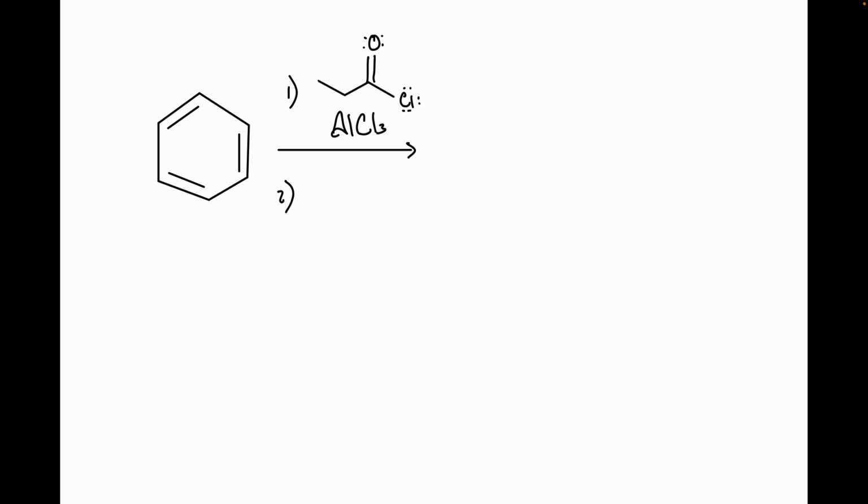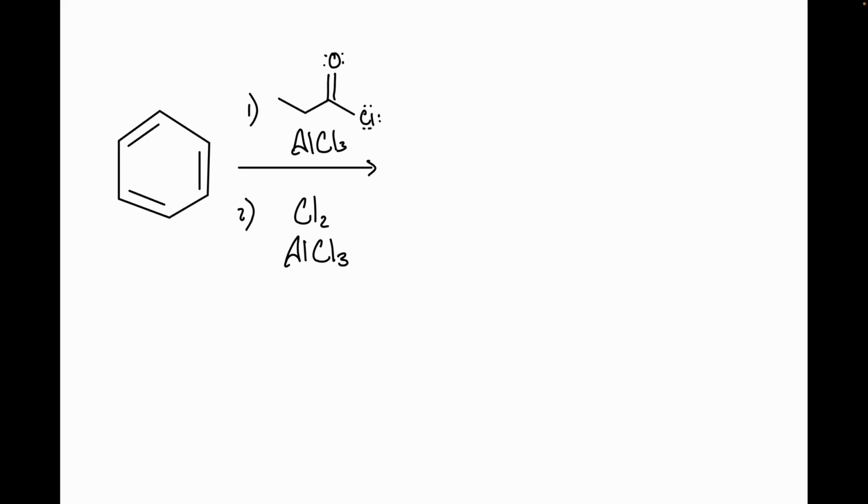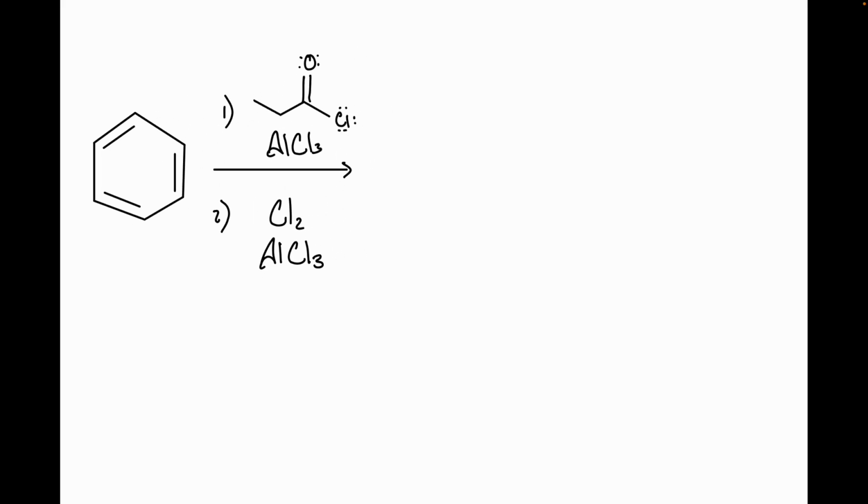And then we're going to do a chlorination reaction. All right, so everybody take a second. Following these two steps here, draw me my product of our multi-step electrophilic aromatic substitution reaction.